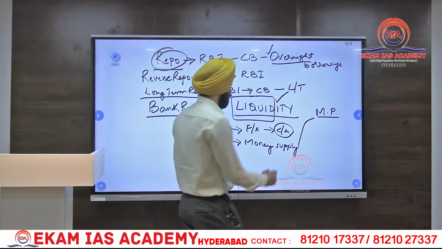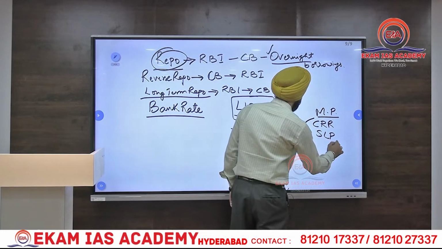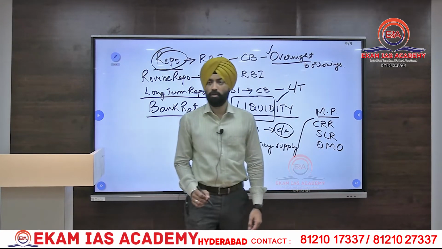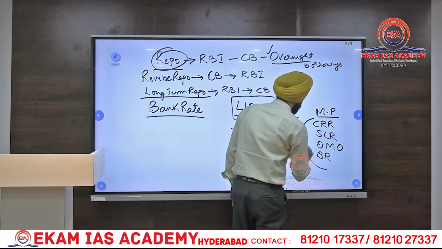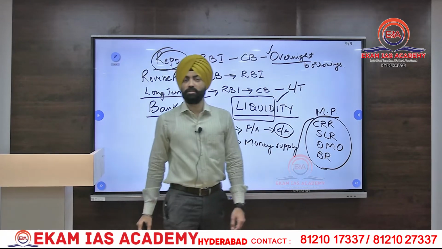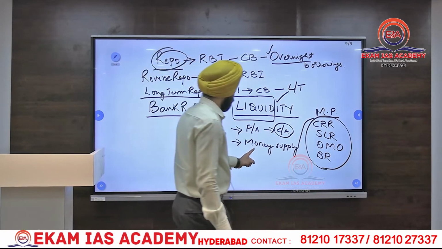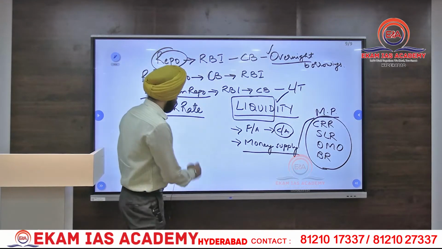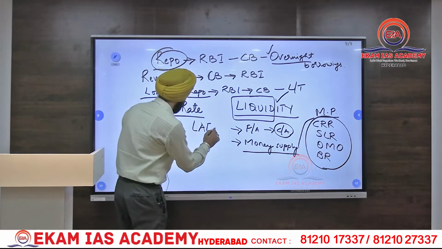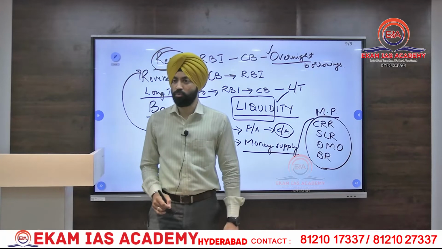And under the monetary policy, what are the various monetary policy tools that the RBI has? Very good. CRR, SLR, very good. Open market operations, very good. Bank rate. These are the four monetary policy tools that the RBI has to control the money supply in the market. The other tool which RBI uses is the liquidity adjustment facility, under which you have repo and the reverse repo, right?